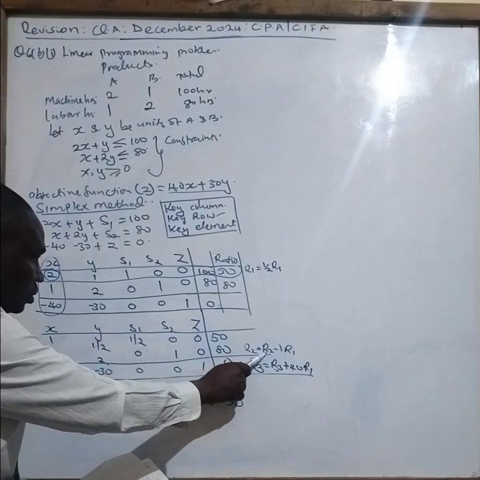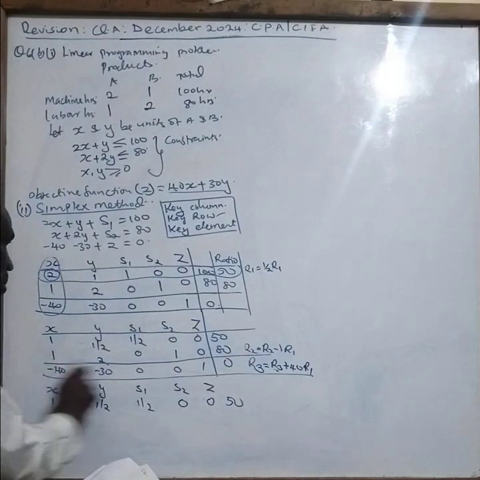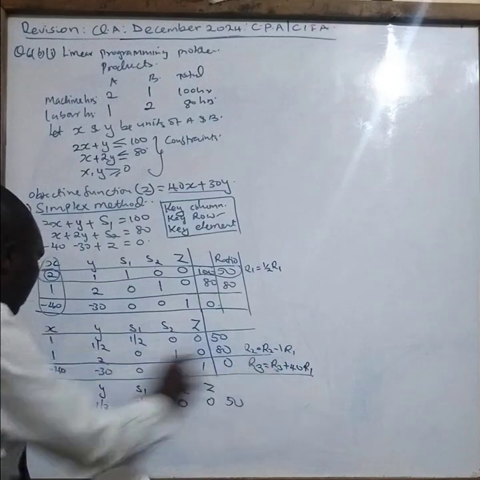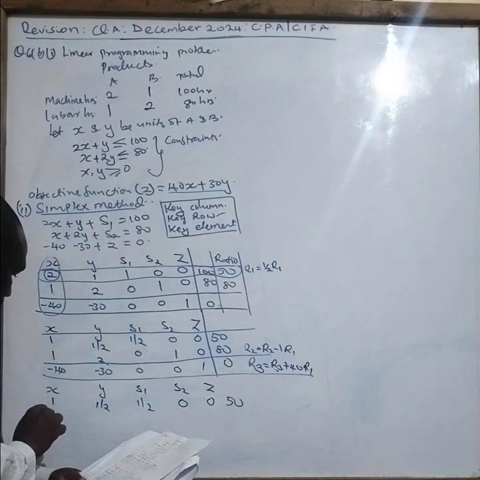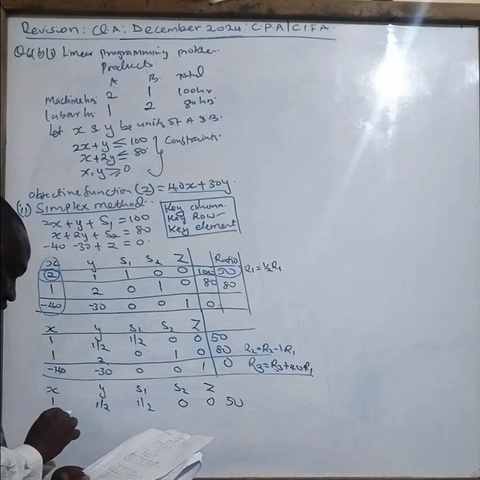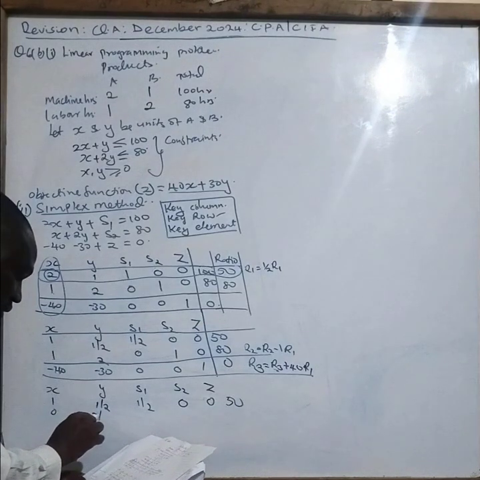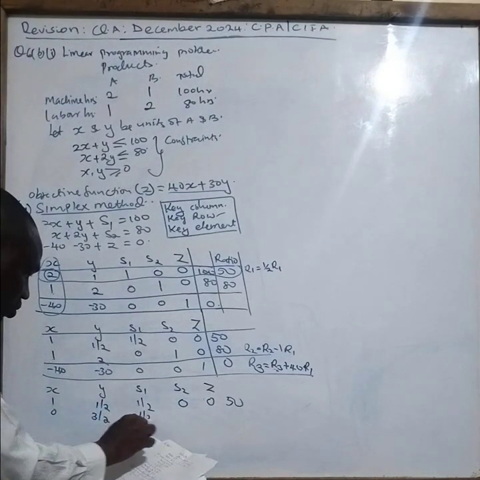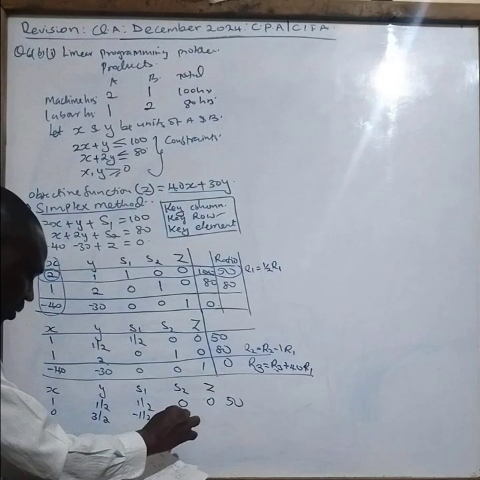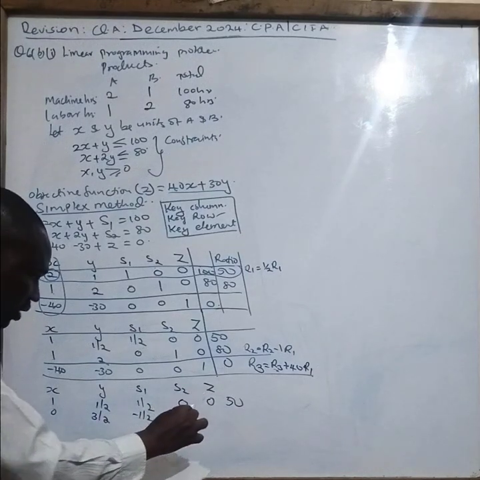So this row here, if you work out whatever I've explained here by saying row 2, which is 1, minus 1 times R1, which is 1, you will get 0, correct? So you get there 0. You substitute also, you get here 3 over 2. Then you subtract, you get negative 1 over 2, which is a half. You will get here 1. You will get here 0.